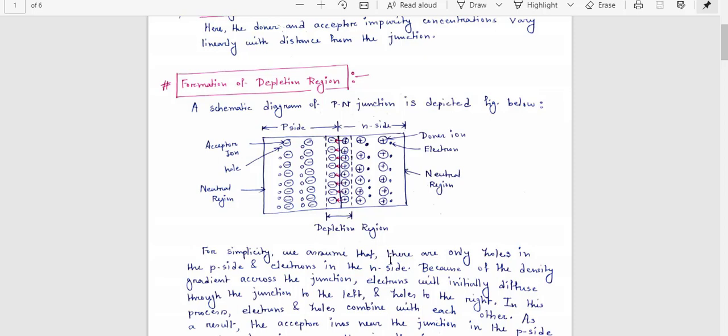That means the holes move toward the p side and the electrons toward the n side, so the distance between electrons and holes becomes larger. There is less chance of combination, so the width of the depletion region increases.